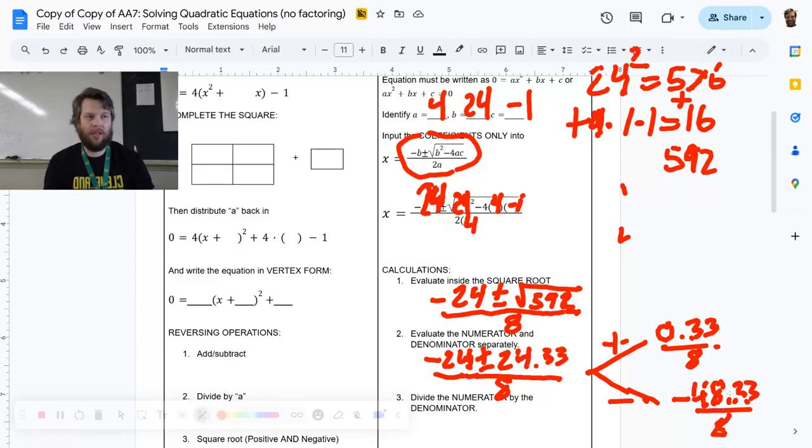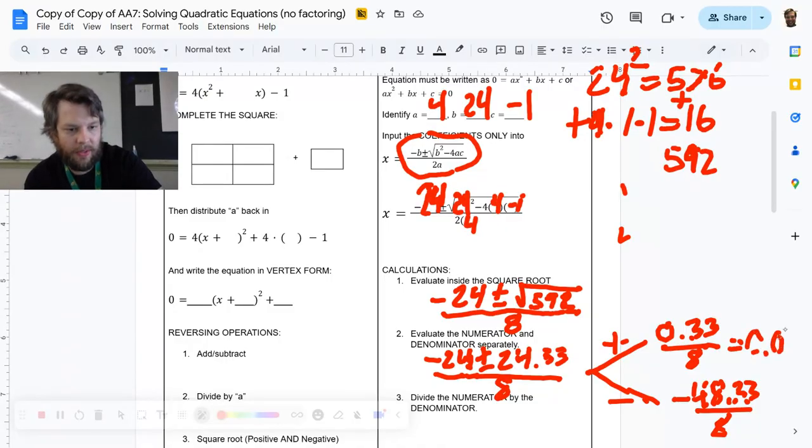And this should end up being the same answers we had before. This one is 0.04. That sounds familiar. I think I did that right. And then the other one is negative 48.33 over 8, which is negative 6.04.